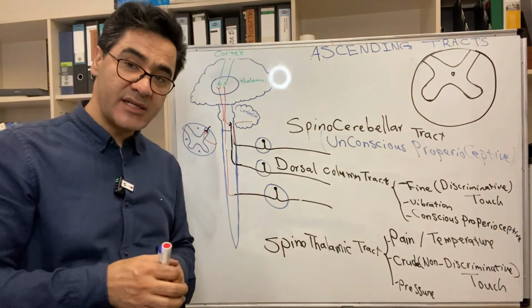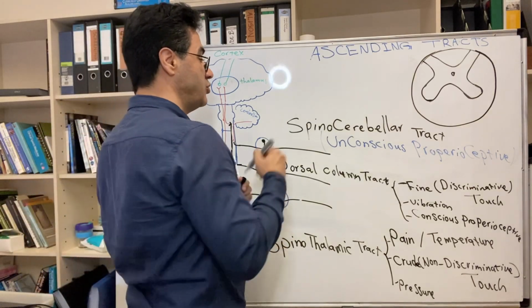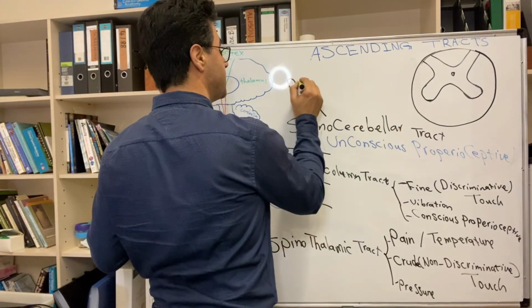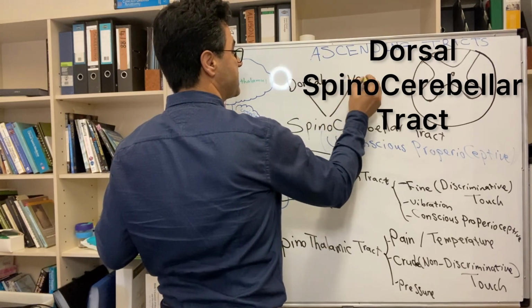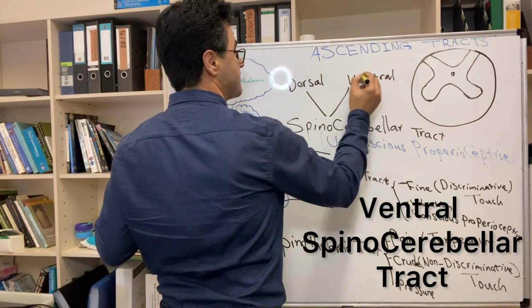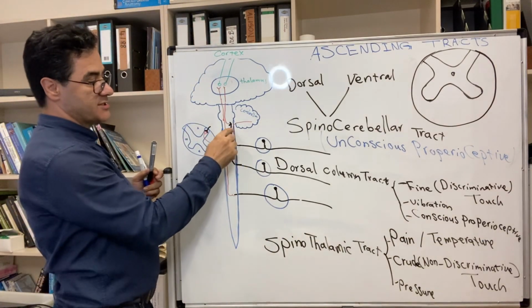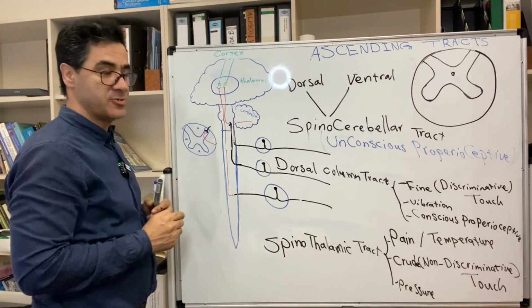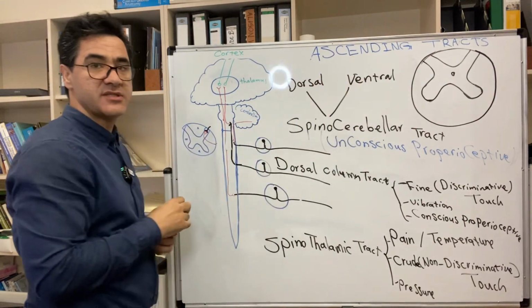To be honest, there are two spinocerebellar tracts. We have the dorsal spinocerebellar, and we also have the ventral spinocerebellar. This is the dorsal spinocerebellar tract I showed you. What is the difference between these two?